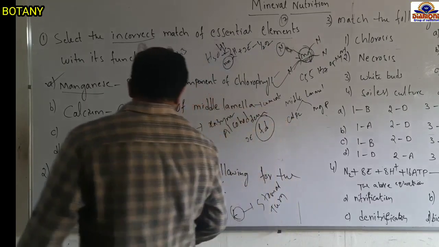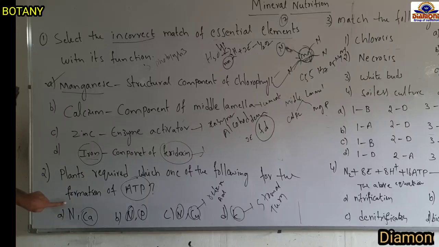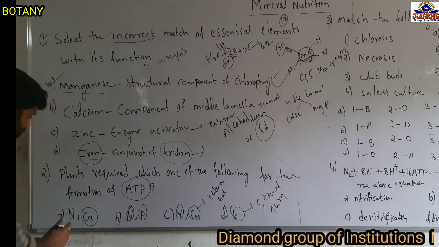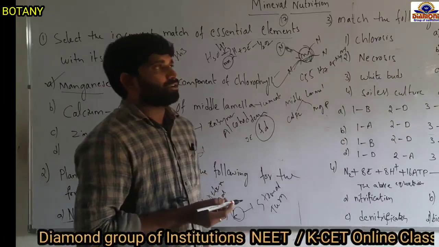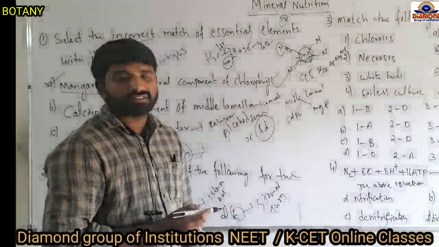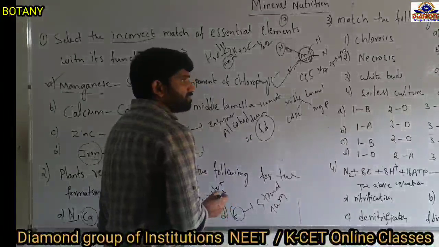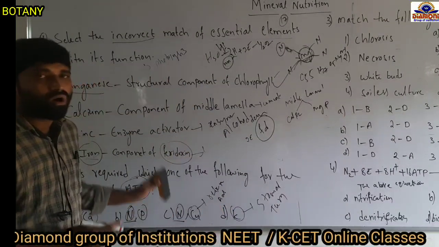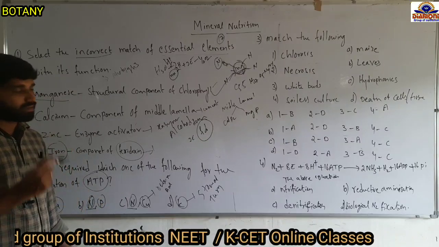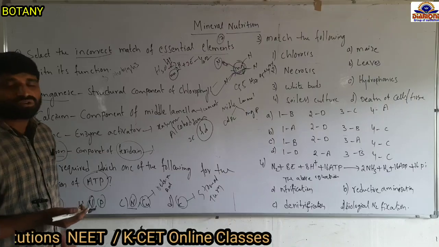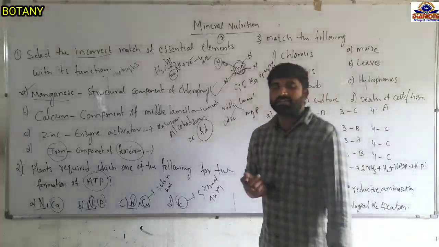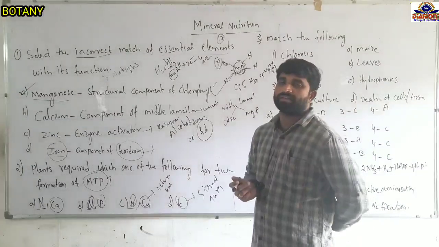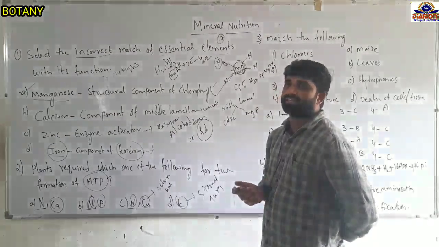See now, out of the given options A, B, C, nitrogen is given. Nitrogen is one of the macromolecule components of all living organisms. Nitrogen is present in all living organisms in the form of nitrogen bases. You know that DNA and RNA, the genetic material, are made up of different nucleosides and nucleotides.